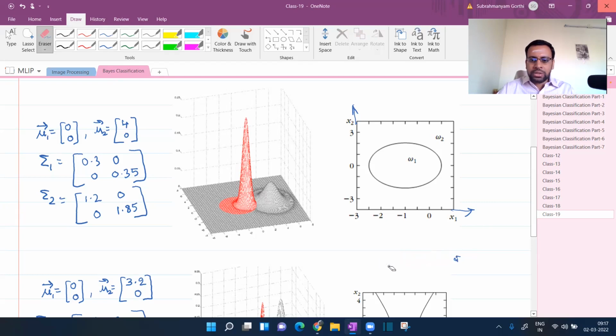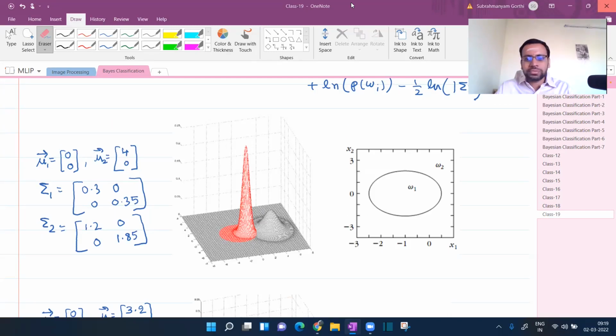And then here is the iso curve on the right hand side picture there, for omega 1 showing the class 1 and omega 2 showing the class 2, and this is the iso curve for that which is 0. Hope you are all following me. Gij of x bar, that is 0, we have been talking about, right?